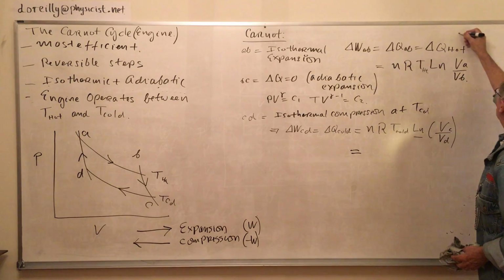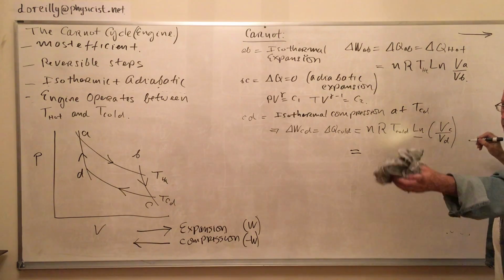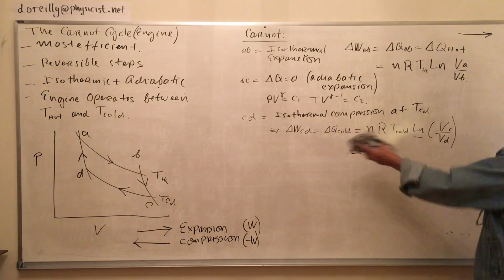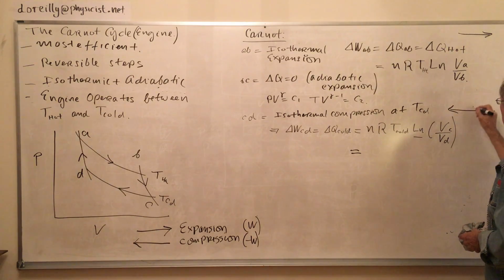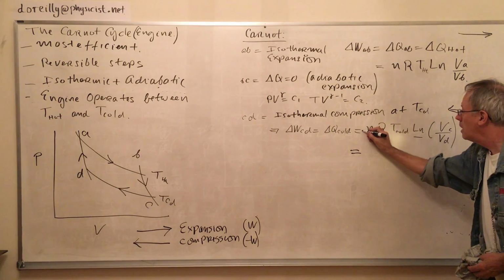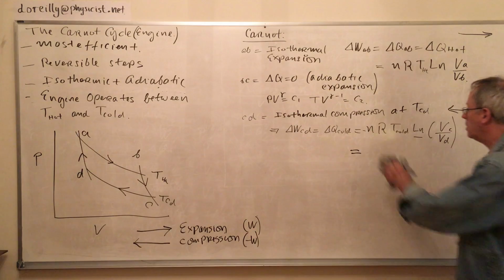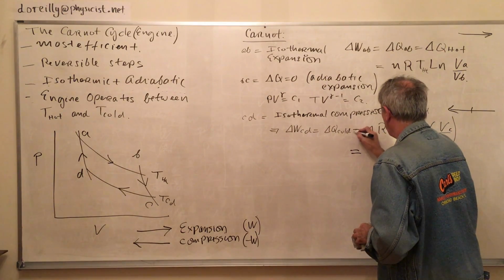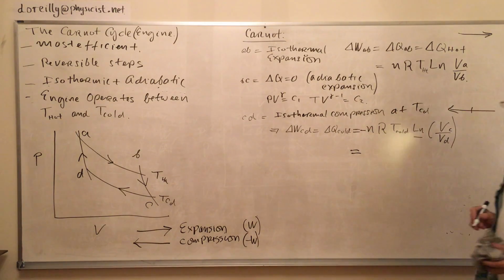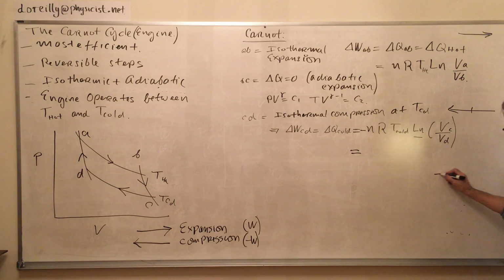This work is going from left to right. This work is going from right to left. No matter what convention I use, I must give it a negative sign. Now, negative log x over y is log y over x.